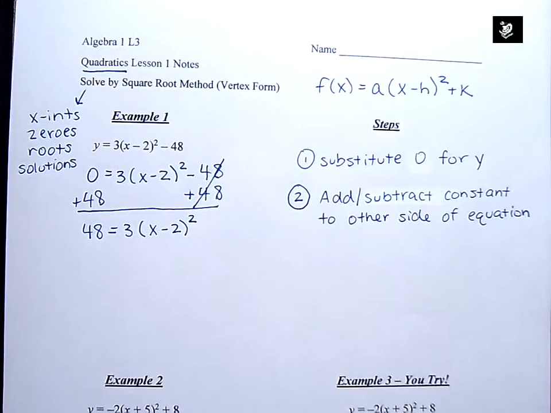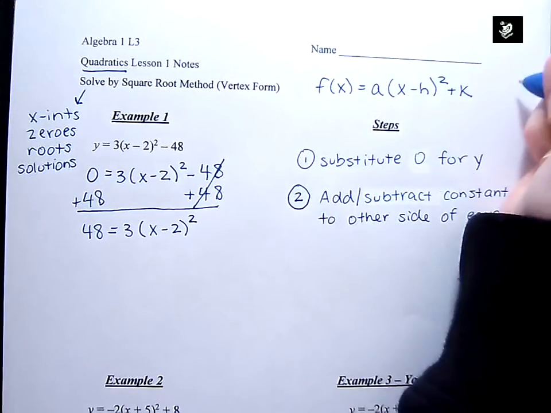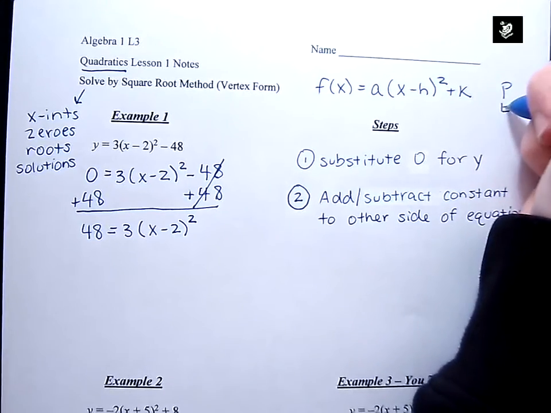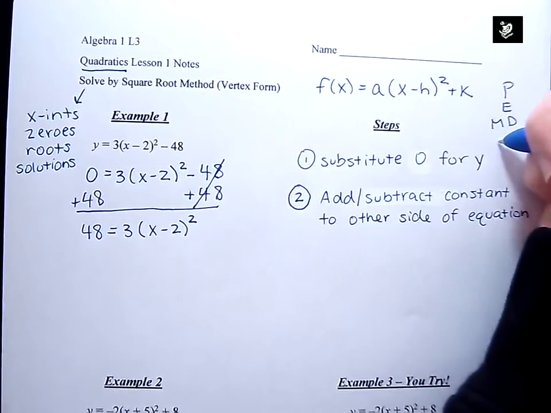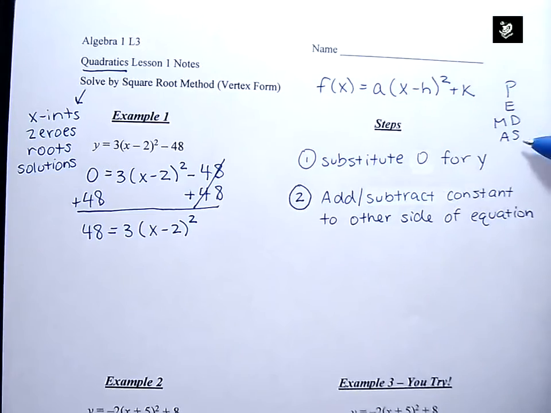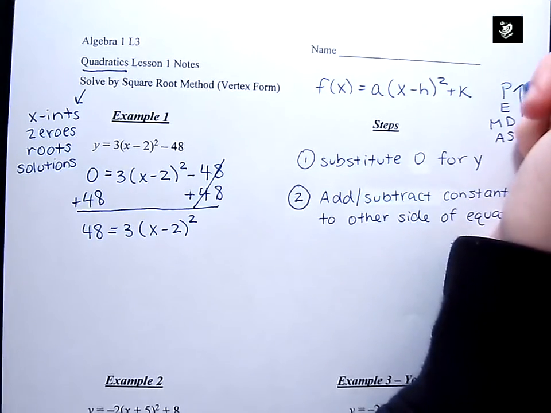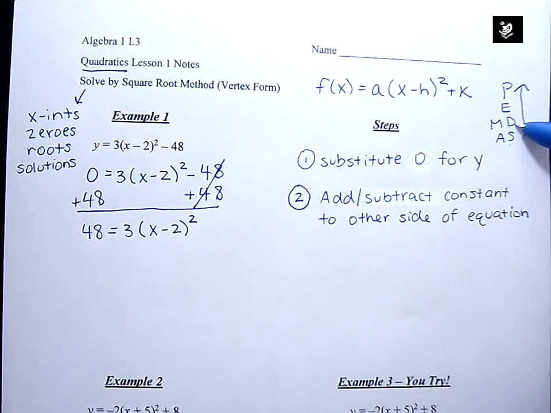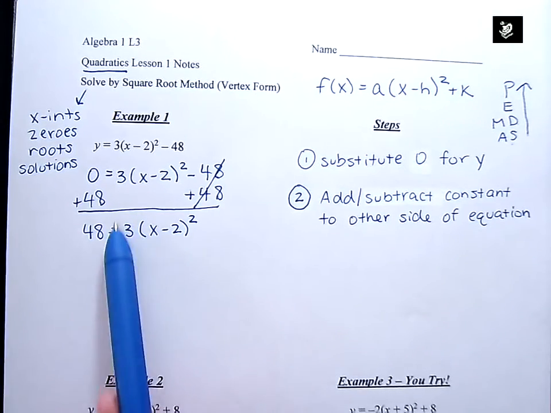If I'm doing PEMDAS backwards, let's write PEMDAS out on the side. I took care of addition and subtraction. Now I'm going to take care of any multiplication or division. So I see I have this 3 outside the parentheses.